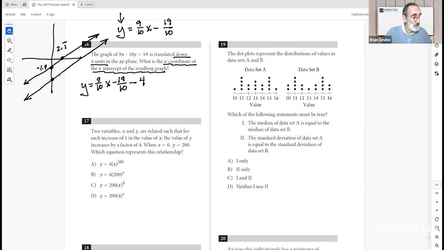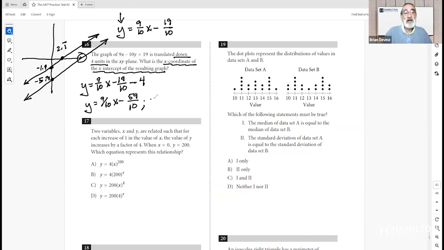So now I have a new line that's parallel, has the same slope. It's got a new y-intercept at negative 5.9, but I want the new x. If I clean this up, I get y equals 9/10 x minus 59 over 10.